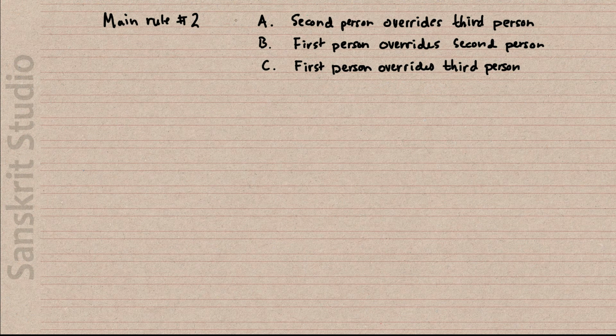So this calculation then has to be done in addition to the numbering rule. Okay, so we'll give you some examples here. Let's say saha cha tvam cha.